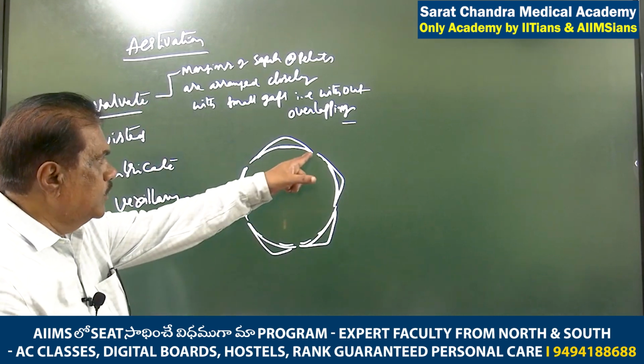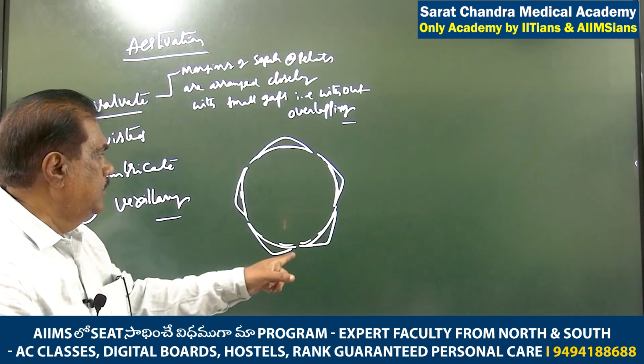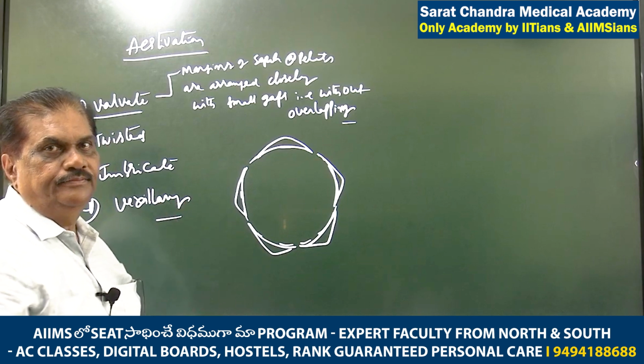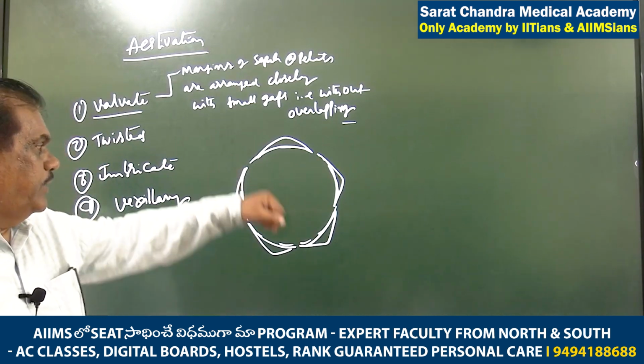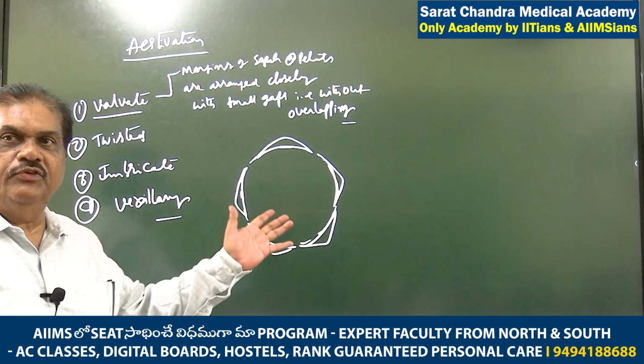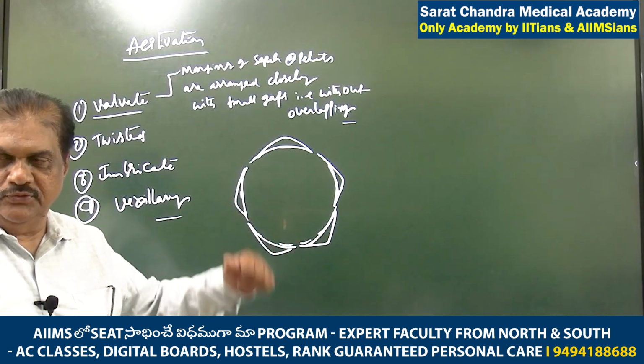The margins are arranged closely with small gaps, no overlapping there. If a flower has 5 sepals or 5 petals, the arrangement takes place like this.